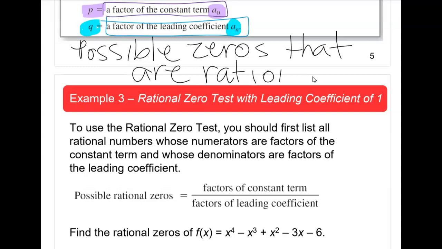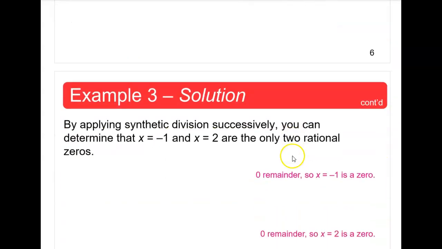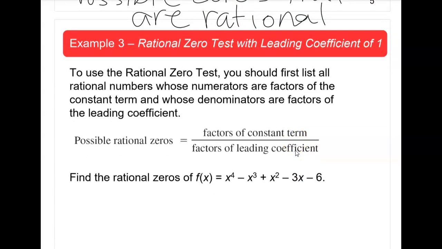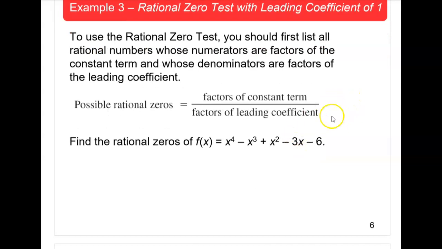Once we find all the possibilities, we'll be testing them to see if they are in fact a zero or a solution of the polynomial. How are we going to test them? Well, we're going to use some of the skills that we learned last section, such as synthetic division.